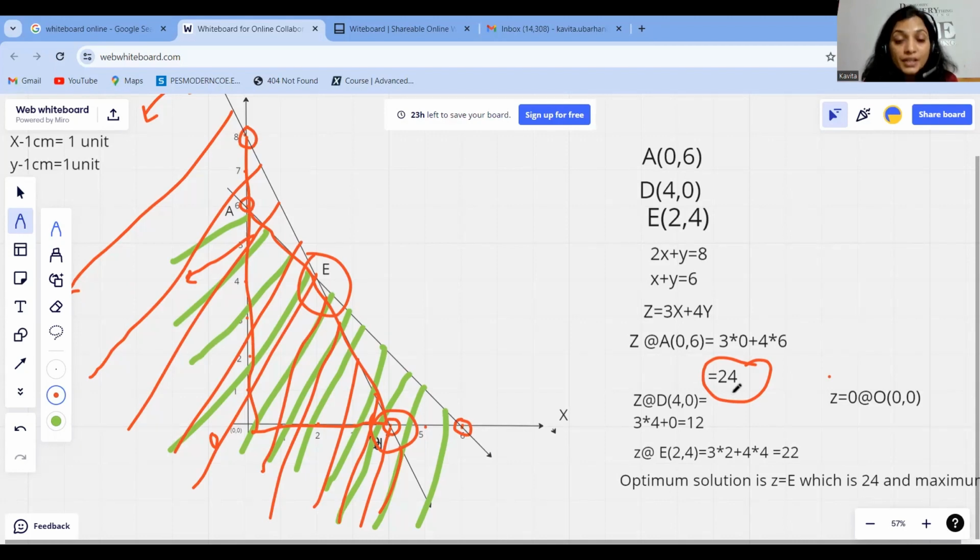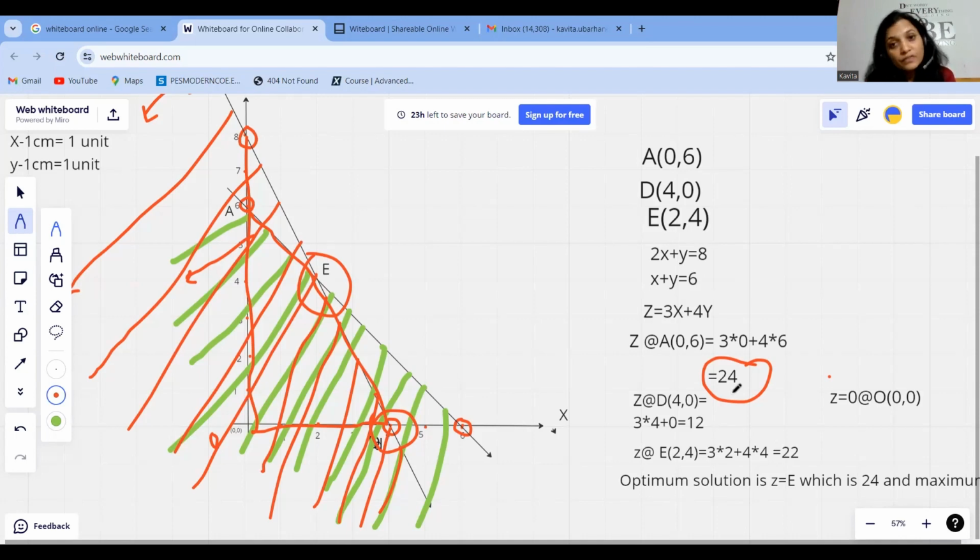Then we need to identify the points of intersection for each line, which we can calculate by putting x equal to 0 and then y equal to 0 in the particular equation of the line. Then we have to plot a graph. For plotting a graph, we need to fix a scale for the x and y axes. For 1 centimeter, whatever unit you are allocating, you need to write it down.